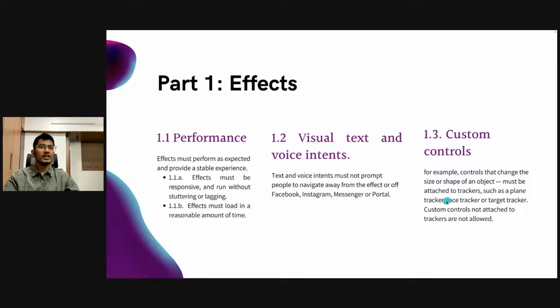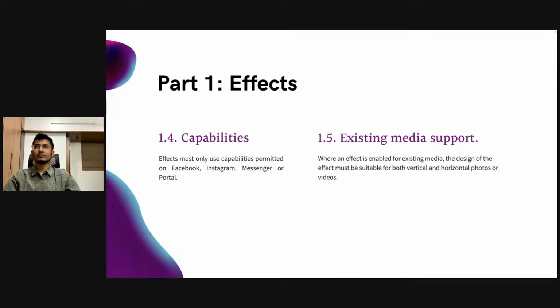Custom controls not attached to a tracker are not allowed. If you try to add any plane and use it as a button, it won't be allowed. The effect will get rejected. So for that, you can either use the UI picker, which is a custom Instagram's, or what we can say Meta platforms' basic controller options.